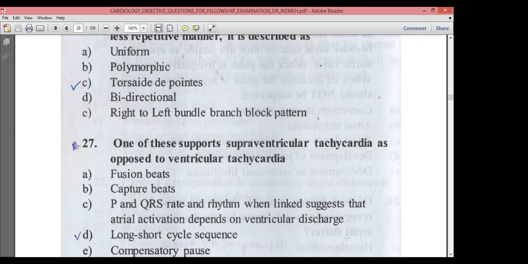So that's what I'm thinking is this long short cycle sequence. So that one is for a supraventricular tachycardia. Then compensatory pulse. This is also in support of VT. So the odd one in support of supraventricular tachycardia will be long short cycle sequence. Any comments, please?